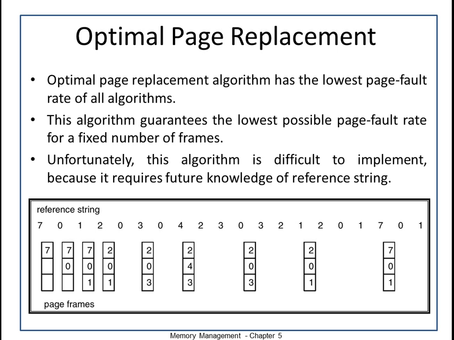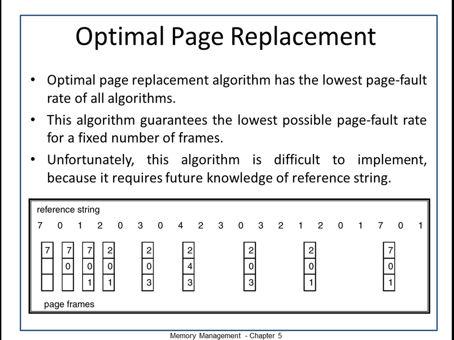Next page required is 0. 0 is not there in the main memory, so page fault is there for 0th page. Now out of these three, which is not required, or which is required farthest in future, that we will check.